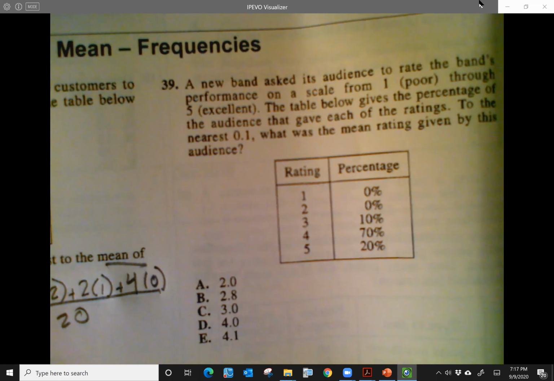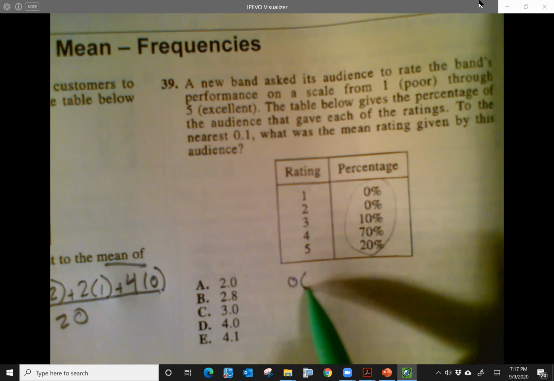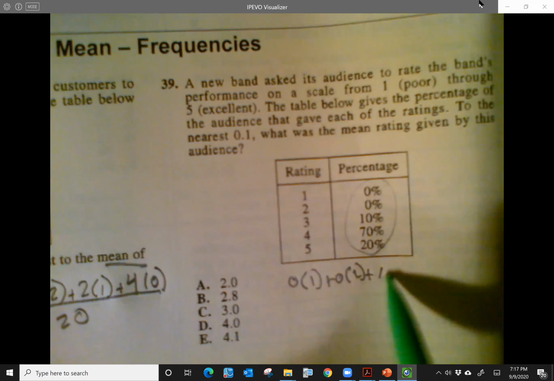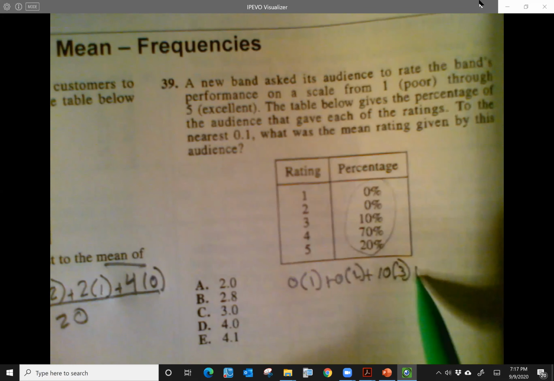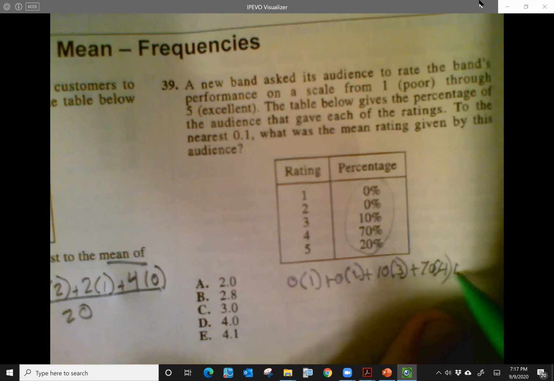The only difference is it's using percentages instead, which would be no big deal, you know. We would have 0 times a 1 plus 0 times a 2 plus 10 times a 3 plus 70 times a 4. I'm making a mistake here. Plus 20 times a 5.